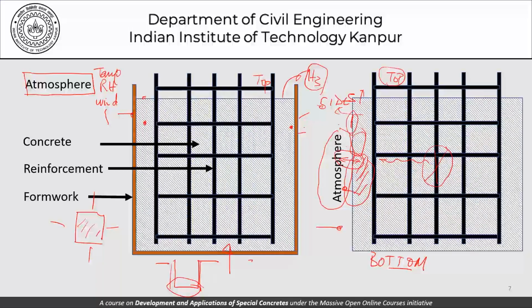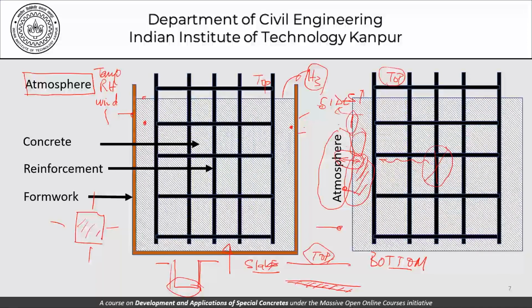Similarly, for slabs, we have a thin reinforced concrete member with the top always exposed to the air and the bottom being protected to some extent by the formwork for some duration and then exposed, and so on.